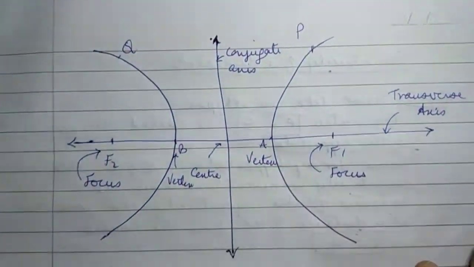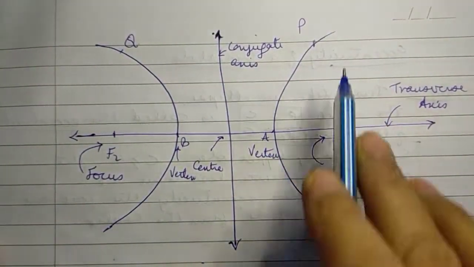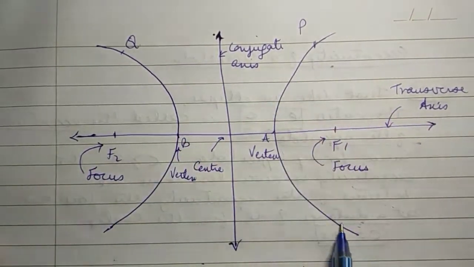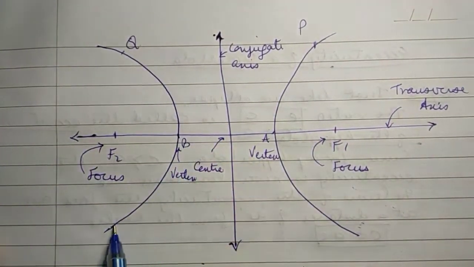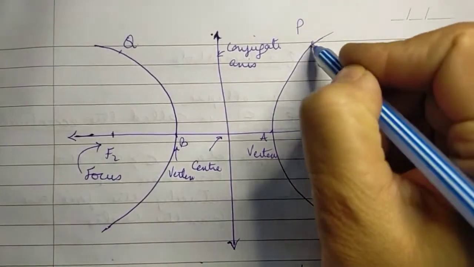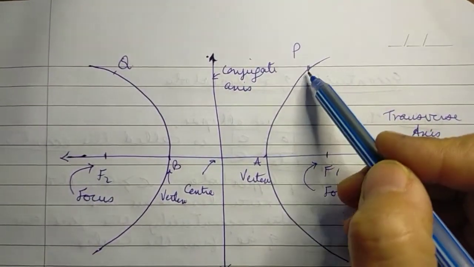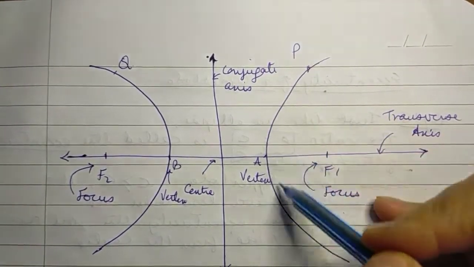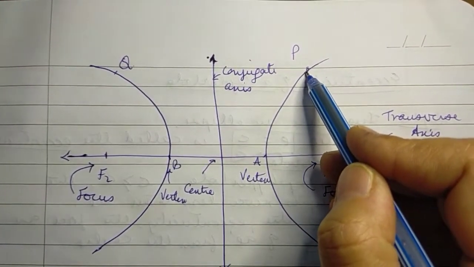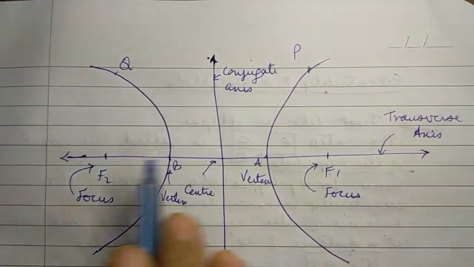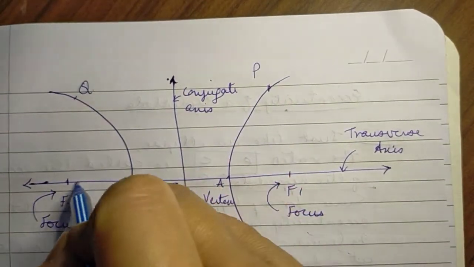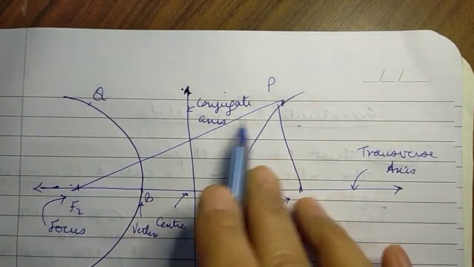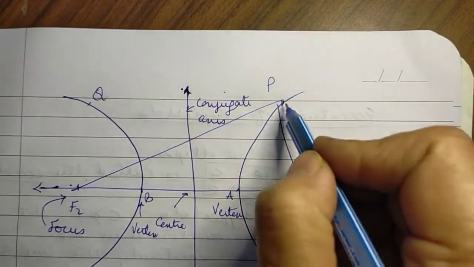For example, the shape of a hyperbola is these two curves together, which means one part of the hyperbola is this and one part is this. So suppose we take P to be a point on this part of the hyperbola, then the difference of its distances from two fixed points f1 and f2 will be found as pf2 minus pf1, which is the bigger distance minus the smaller distance.